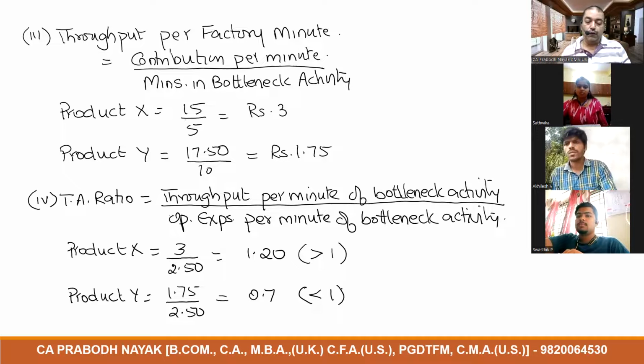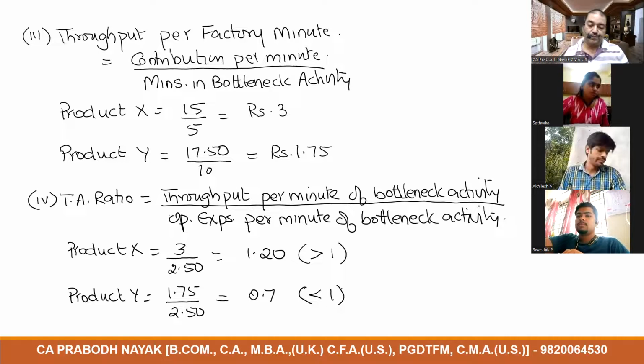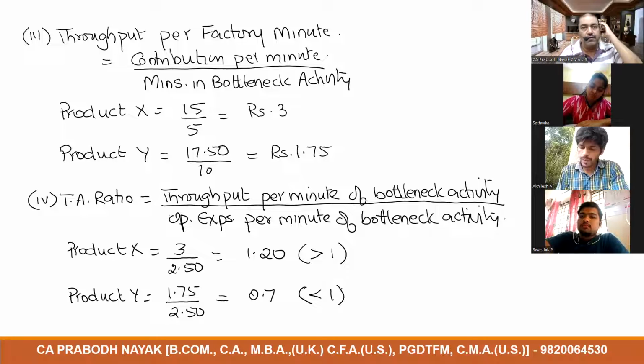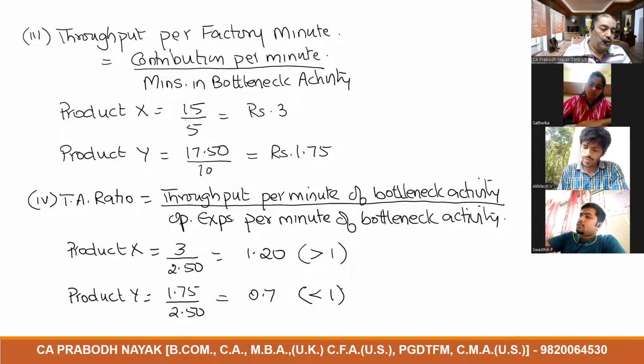Okay. So write down below this. Product X has got a TA ratio greater than 1. Therefore, product X will result in profit.